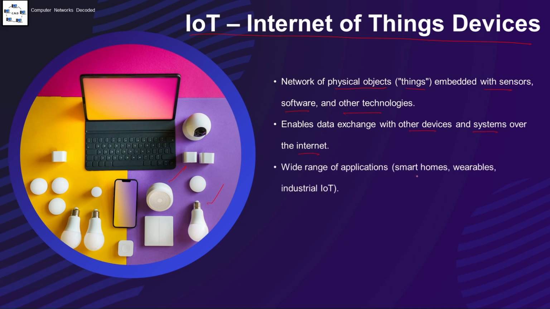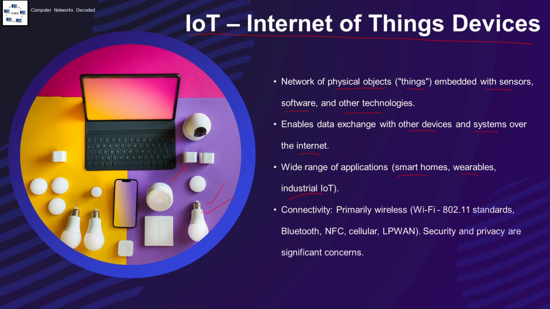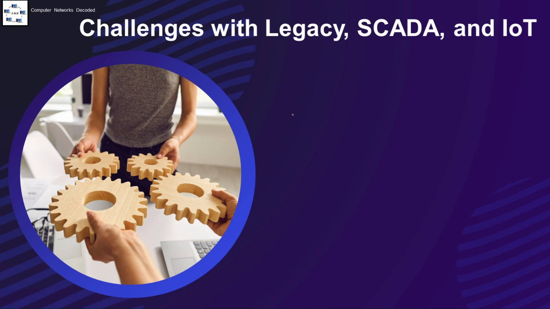They have a wide range of applications, such as smart homes, wearables such as your smartwatch, and also industrial Internet of Things networks. For connectivity, they primarily use wireless networks such as Wi-Fi 802.11 standards. They also use Bluetooth, NFC, cellular networks, and LPWAN. Security and privacy are significant concerns for these IoT devices.